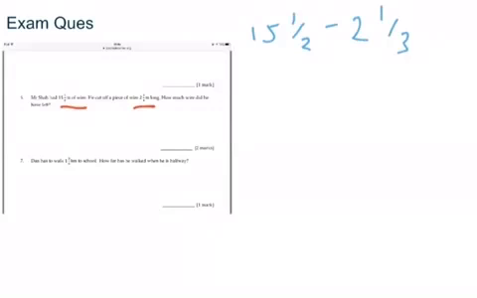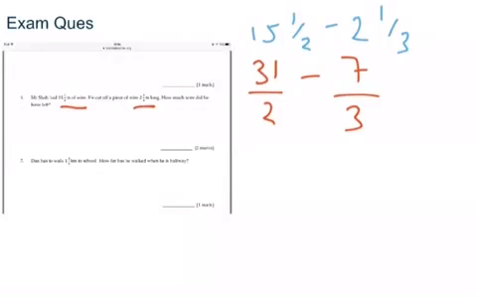Well, we know how to go from a mixed number to a top-heavy fraction. So let's do that. Well, 15 times 2 is 30, plus 1 is 31, so we've got 31 over the original denominator, which is 2, so 31/2, take away. 2 times 3 is 6, plus the numerator 1, which is 7, over the original denominator, which is 3.